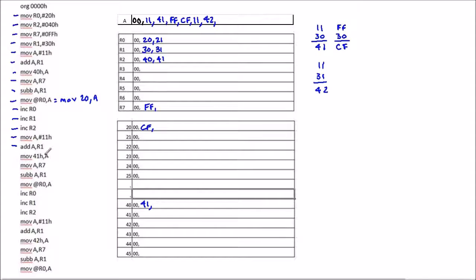We're going to take the contents of the accumulator and move it into memory location 41 hex. So the accumulator, which has 42, is now in memory location 41. We're going to take the contents of R7, which is FF, and move that into the accumulator. So my accumulator is now going to have FF in it.